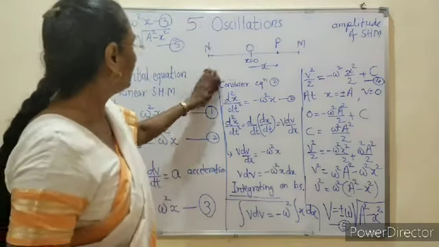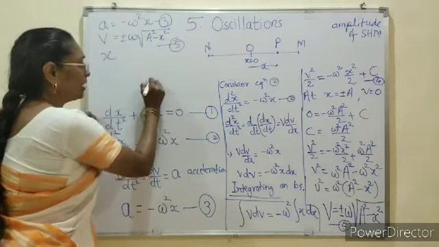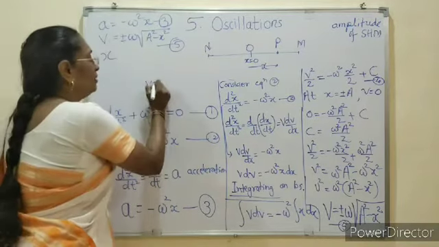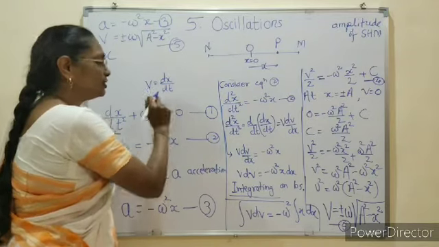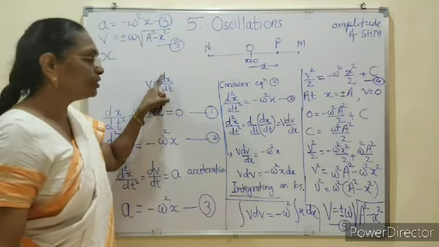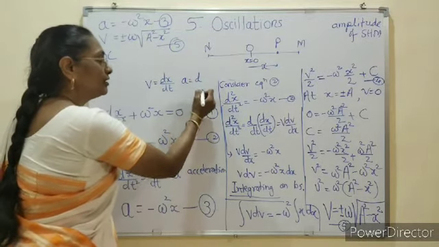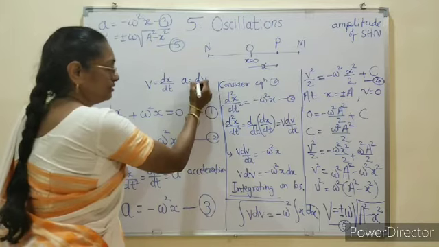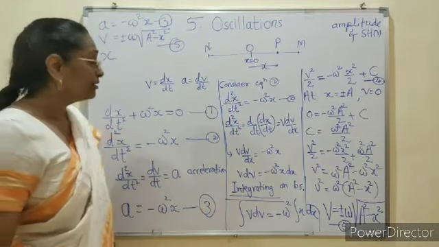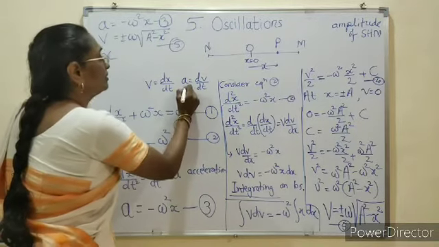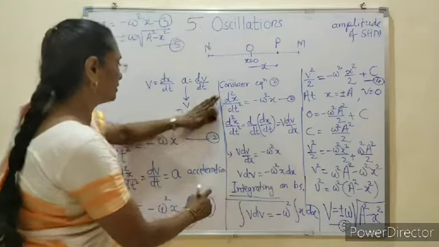So here we note one point: when we have to derive the velocity from the displacement, we take the derivative, v is equal to dx by dt. For the derivation of acceleration we again differentiate velocity with respect to time. But from acceleration we can obtain the velocity by integration.